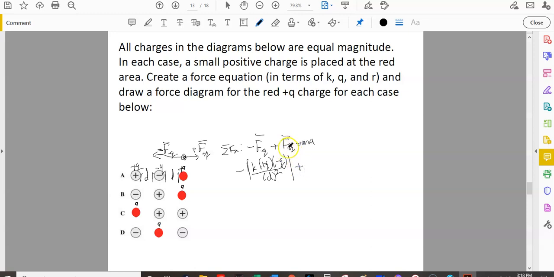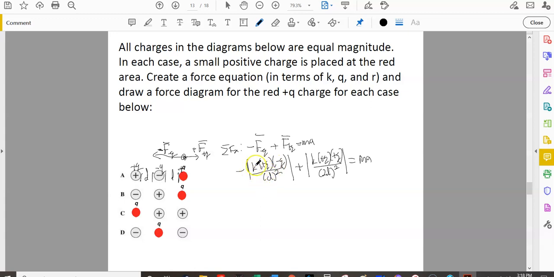That is going to be plus k times our red q, and that other q, that gray q, is also a positive q, and it's a distance 2d away, squared, in the absolute value. So I'm just going to absolute value the whole equation. It just makes it easier.